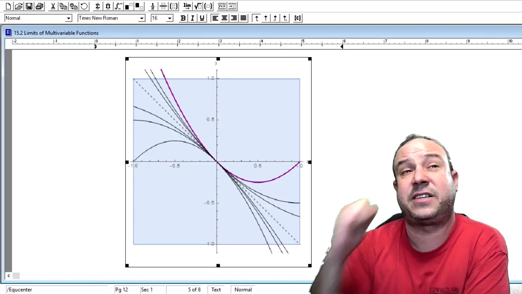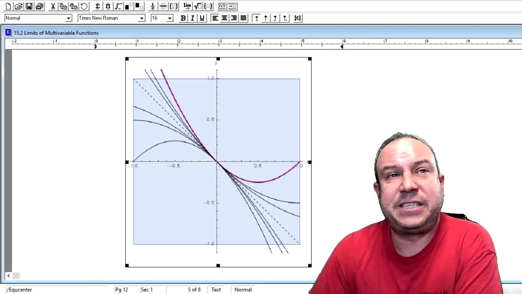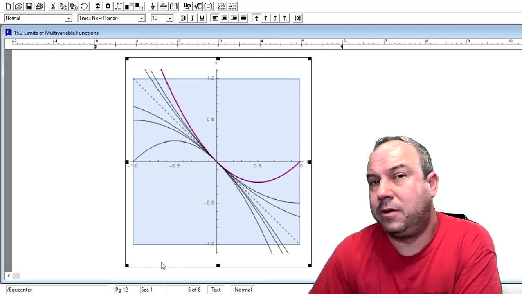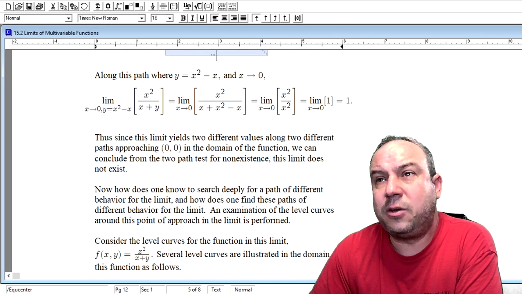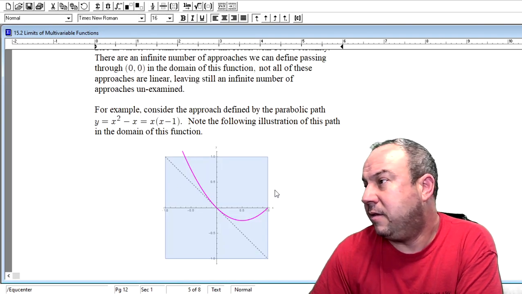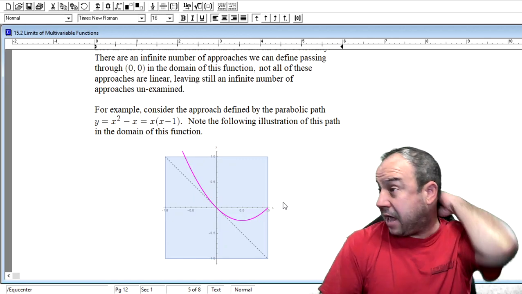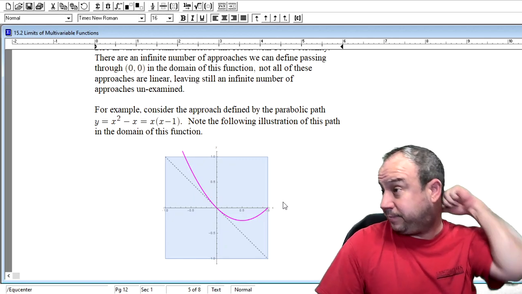I think this is for 6 or 7 of those level curves, 6 if we count them out. And in fact, the one that I've highlighted in magenta is the one path that we had noted as our path of approach seen above.